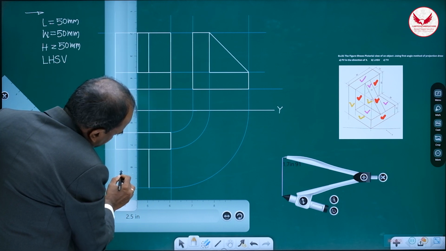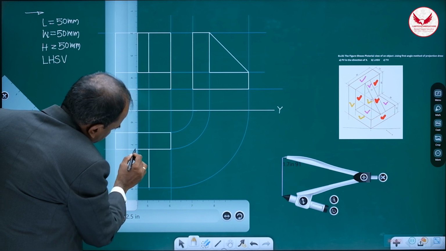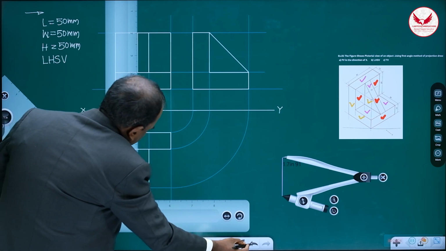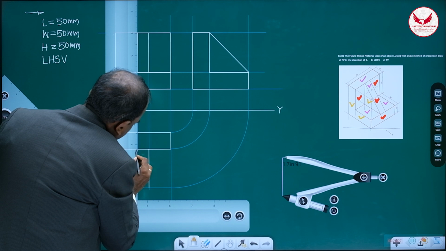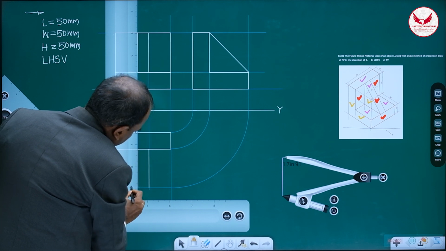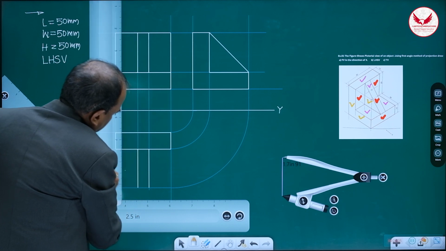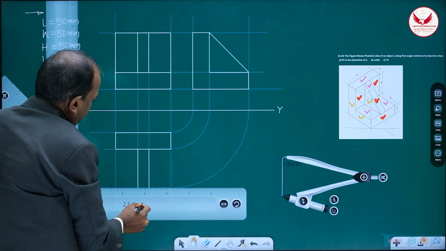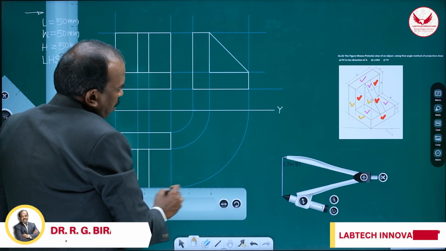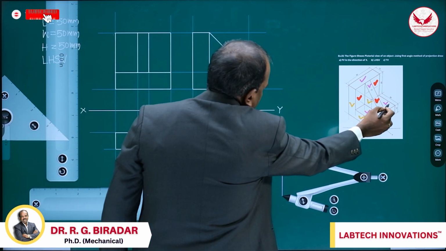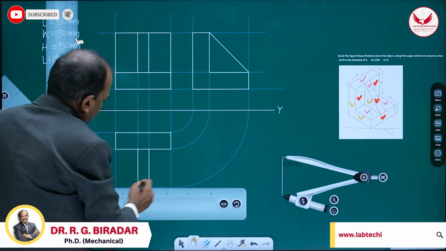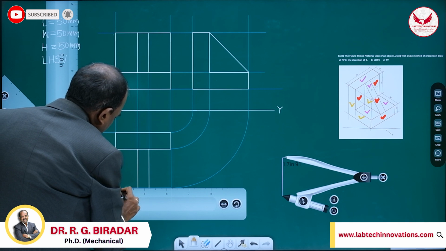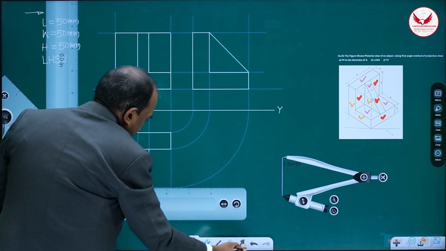So it is 10 only, up to this. And once we find this rib, then we can see this rectangle and this rectangle. So this is the rib plus these rectangles. We can mark completely this line.